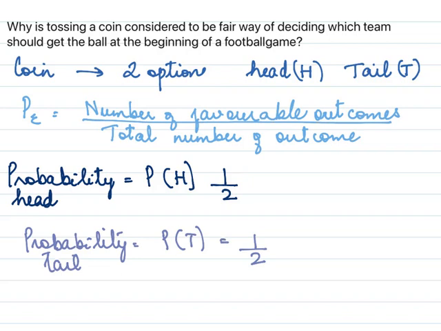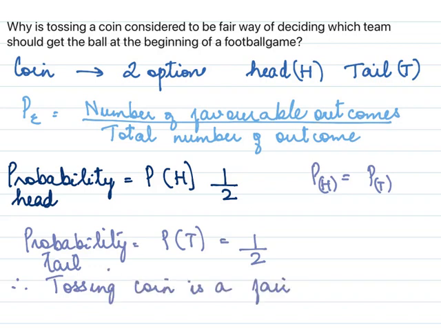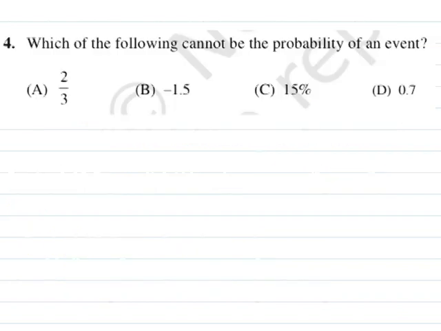So thus we see the probability of getting a head is equal to the probability of getting a tail. Since both the outcomes are equal, tossing a coin is a fair way.